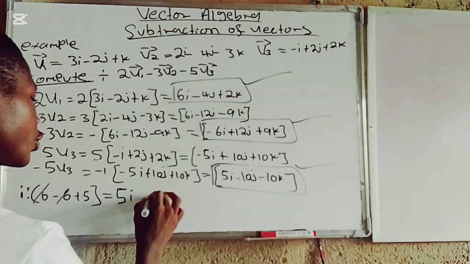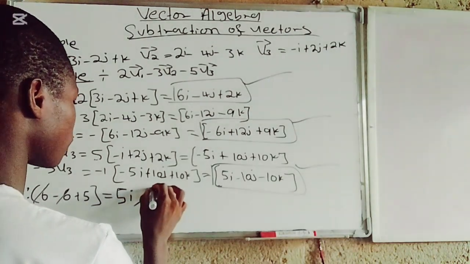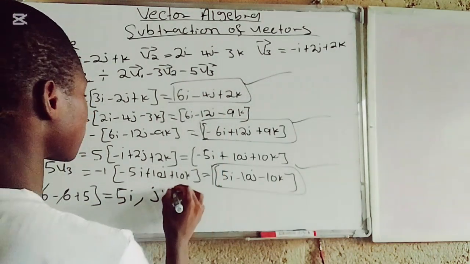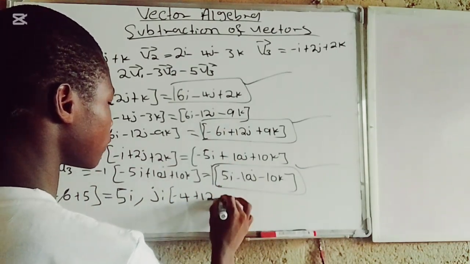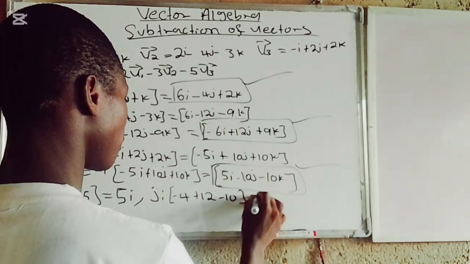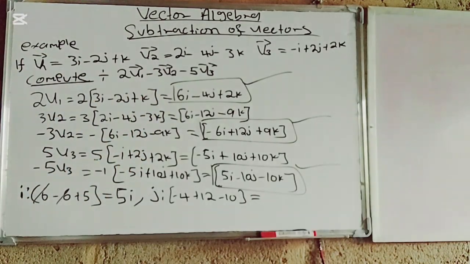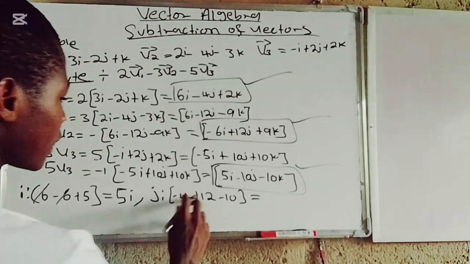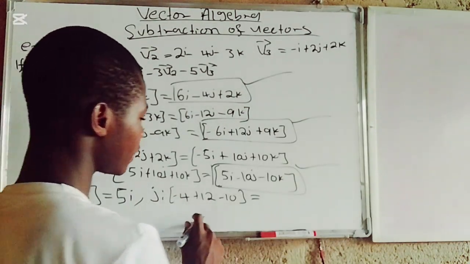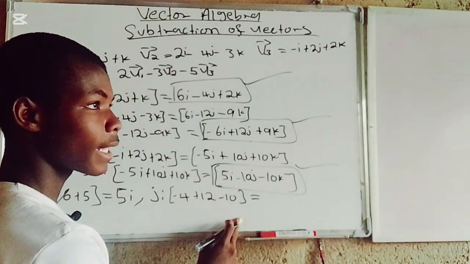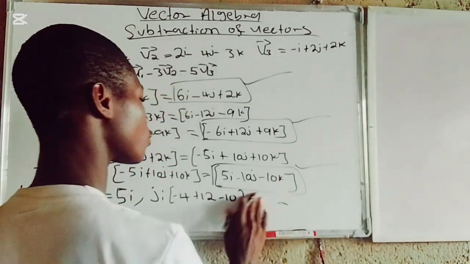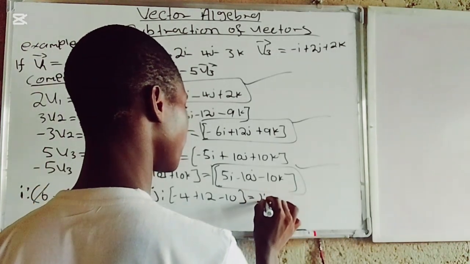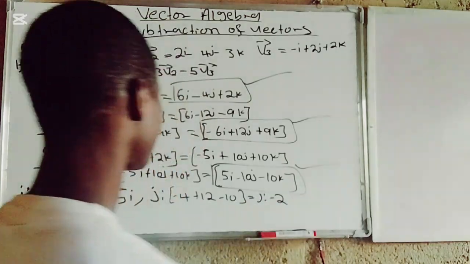For j, it is negative 4 plus 12 minus 10, which is negative 4 plus 8, and it will be negative 2. So j is negative 2.